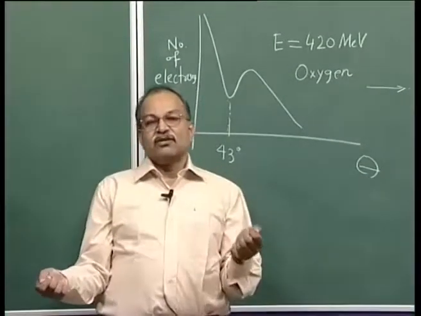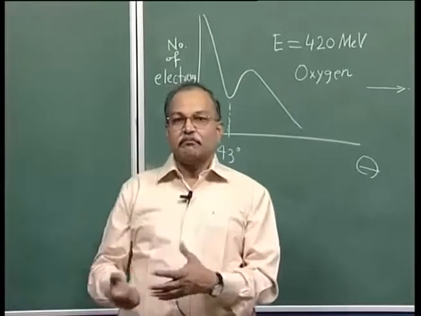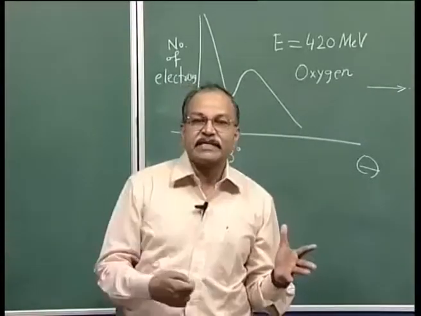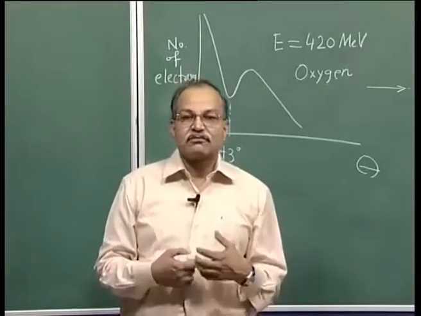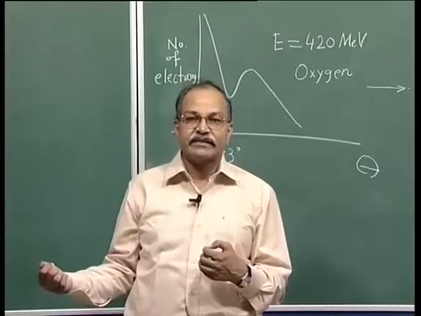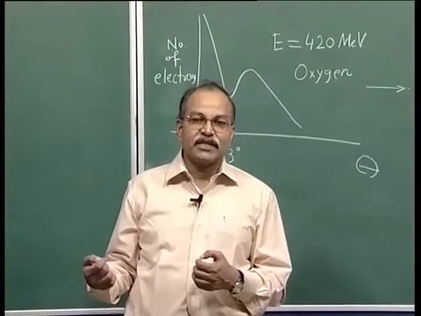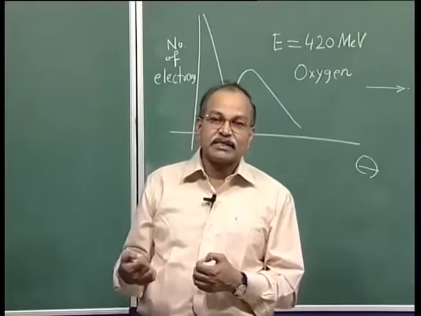If an electron or any object hits a much heavier object and scatters from there, collides and changes its direction, the loss in kinetic energy of that projectile particle is much less.